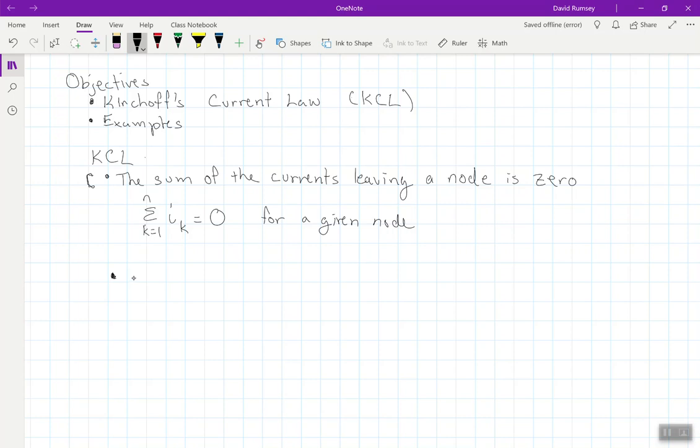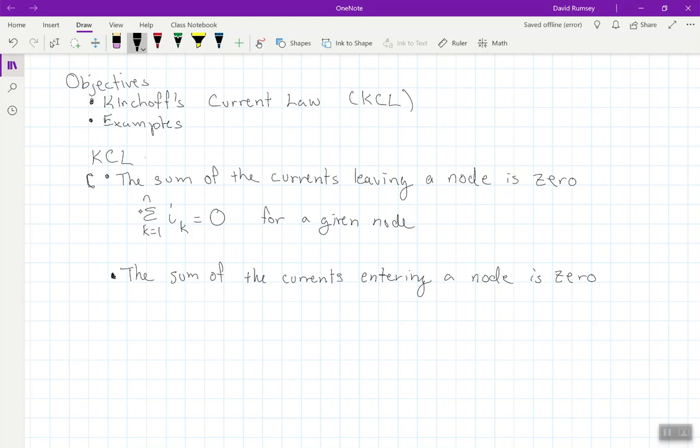So the other two that we could look at, first one is that we could look at it as the sum of the currents entering a node is 0. And if you think about that, that makes sense.